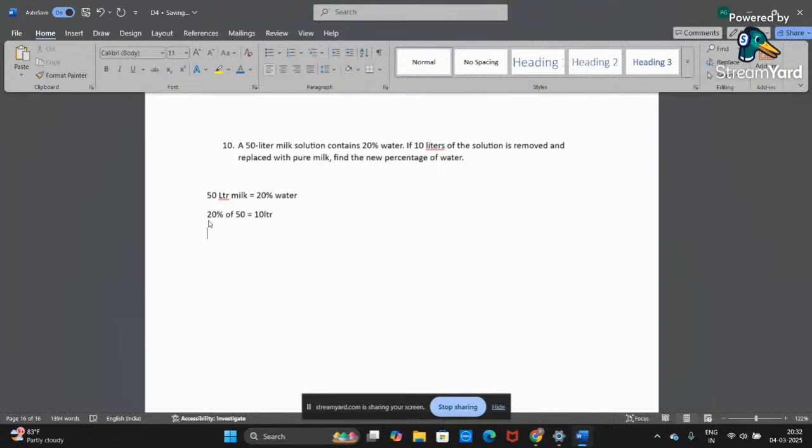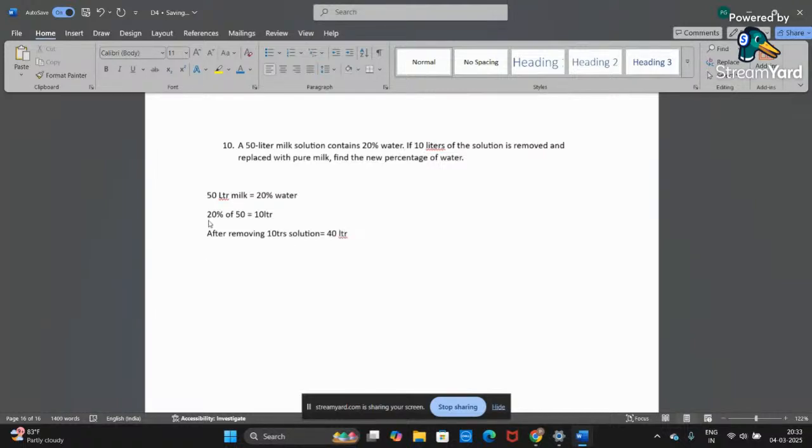Okay. Then after removing 10 liters, in this we are removing 10 liters, right? So after removing 10-liter solution, how much it will be? It will be 40 liter.